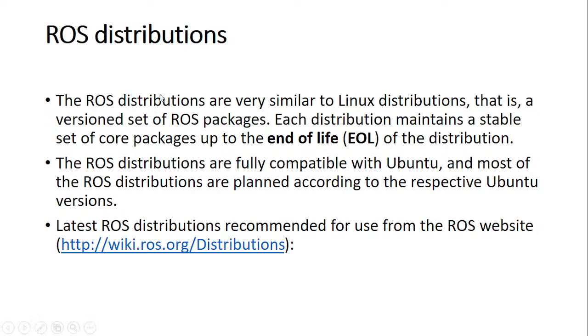ROS distributions are very similar to Linux distributions. That is a versioned set of ROS packages. Each distribution maintains a stable set of packages up to the end of life. If we take Linux distributions, there are 16.04 LTS, 18.04, 20.04, and 22.04.